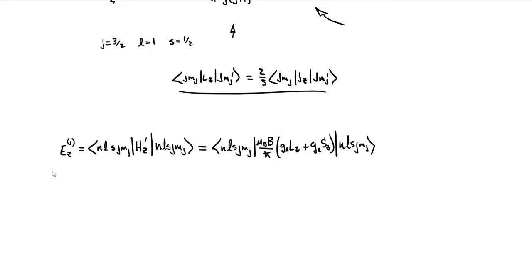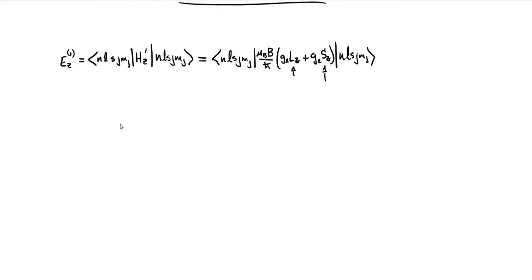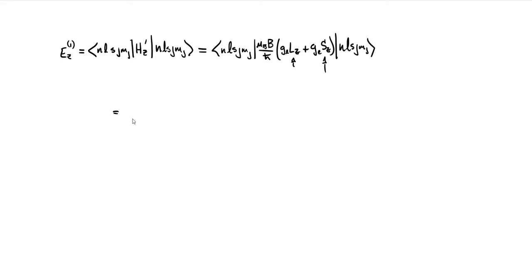When we plug that in and use those generalized results, they end up looking like μ_B times B over ħ times g_L times [j(j+1) + l(l+1) − s(s+1)] over 2j(j+1).